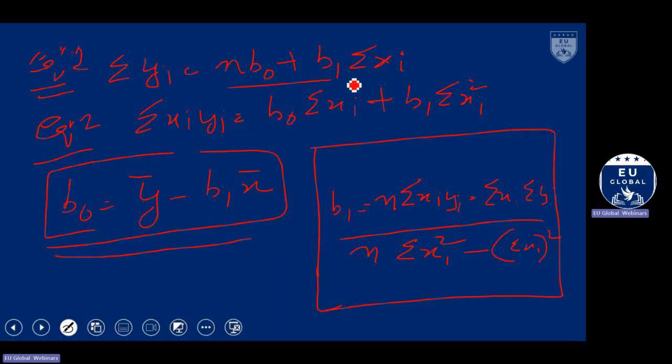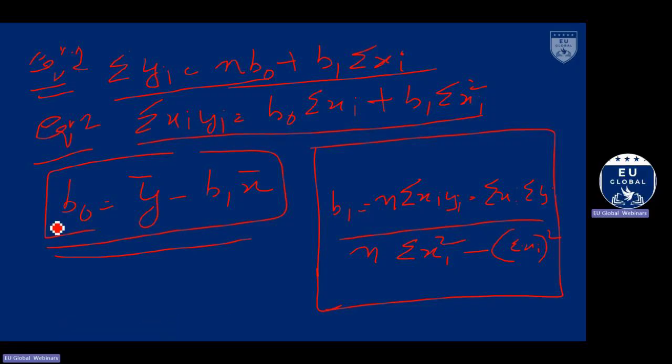We had these two equations which we calculated, and based on this, we get the value of beta naught, which is y bar minus b1 x bar. Now, how do we get this value? Because we know that whenever we write this equation, summation of yi is equal to n b naught plus b1 summation of xi.